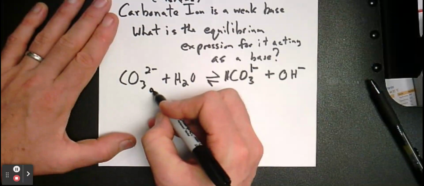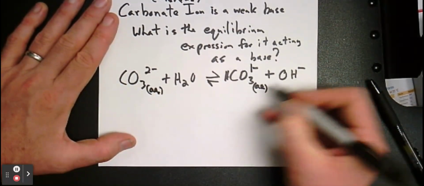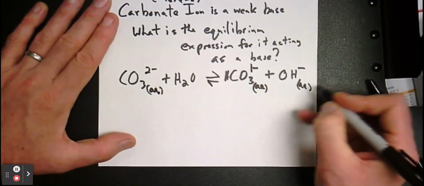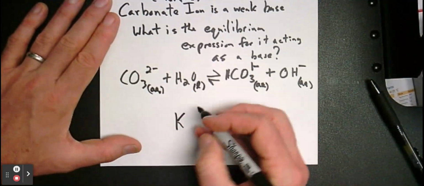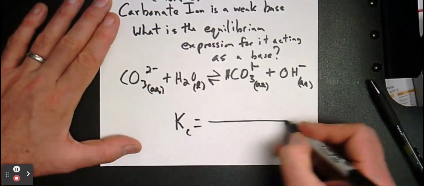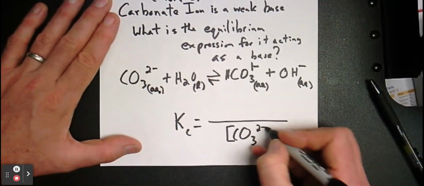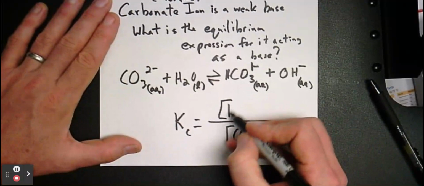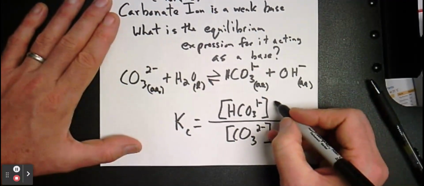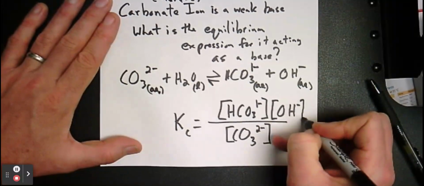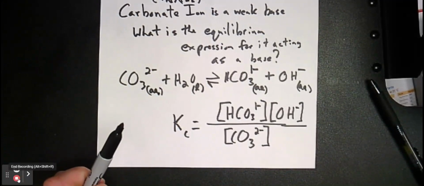Now this is aqueous, this is aqueous, and this is a liquid. So my Kc would be my concentration of products over reactants, like that.